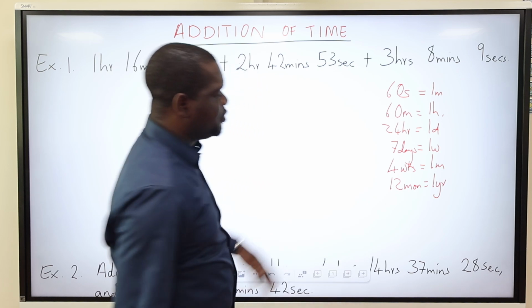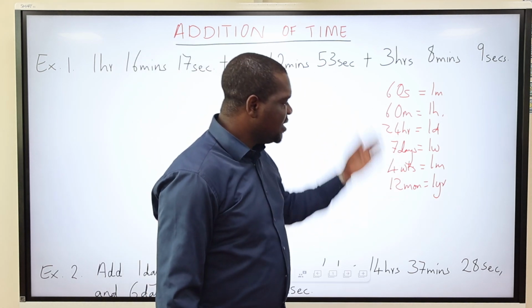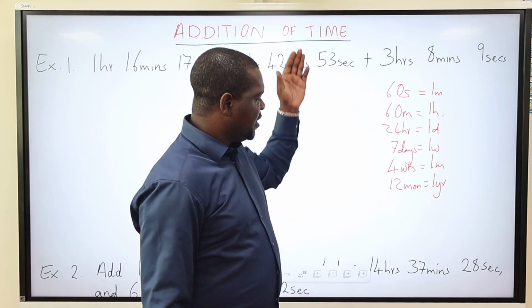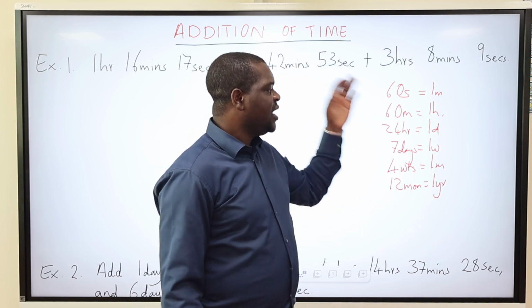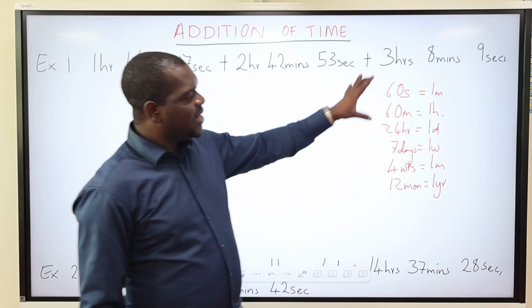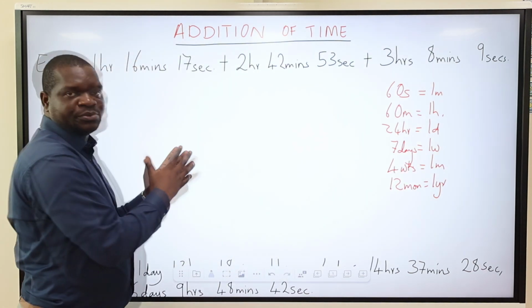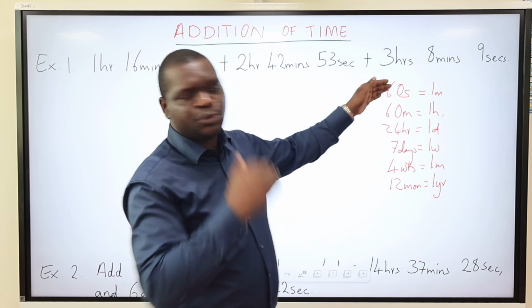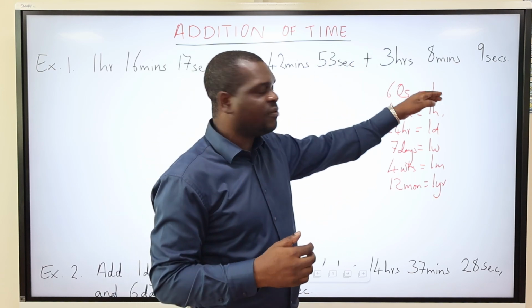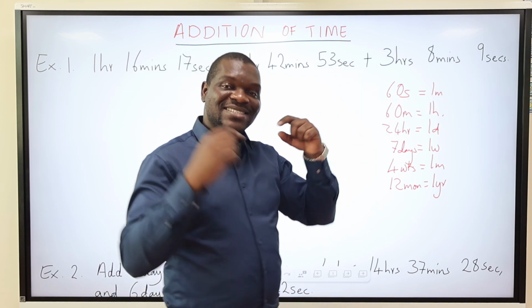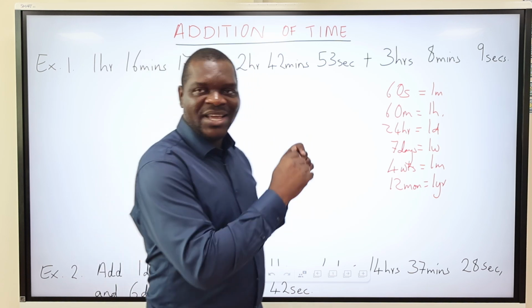And it continues. We have 10 years giving you a decade, and 100 years giving you a century, and so on. But for now, let's just establish this so that when we are adding, you should know where we are going to. By this, if you have up to 60 seconds, automatically you convert that to minutes. And that's the reason why we are carrying out the lesson for today.